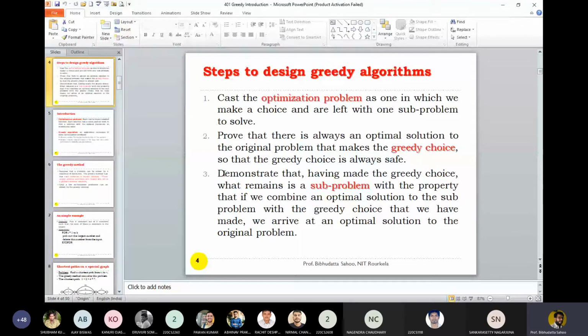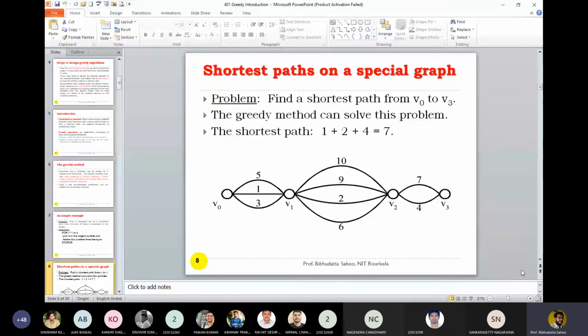Demonstrate that having made the greedy choice, you will remain in a subproblem. That means if you look at stage 1, instead of finding the path from V0 to V3, we are solving a subproblem. I am finding a path from V0 to V1. Then I am finding a subproblem, that is the path from V0 to V2.